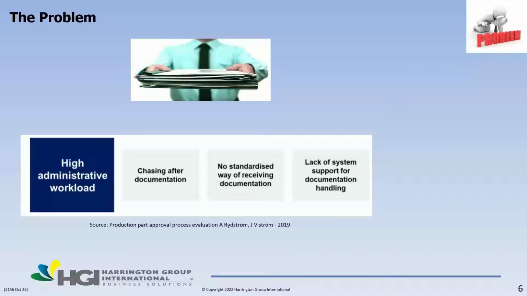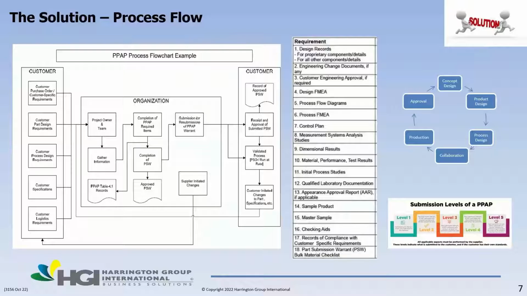All these things are kind of sitting around the problem, that we really need a better way to make sure that we know how we're going to make the part. There's a lot of components to it we're going to go through, but the essence of it really is, this is how we're going to make the part. This is what my risks are, and this is how I manage the risk.